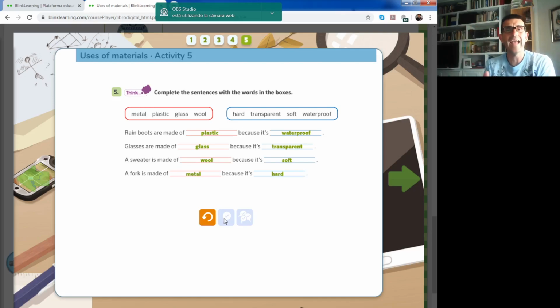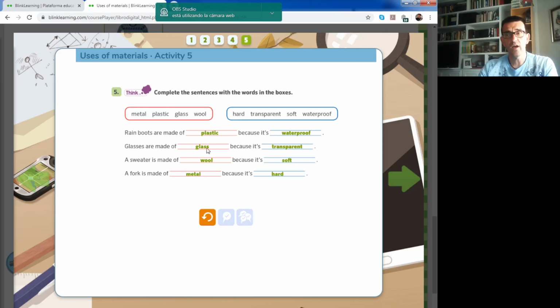And if we had a knife made of plastic, probably it would break in 2 or 3 days. Se rompería en 1 o 2 días. If we had a fork made of plastic, it would break in 1, 2, or 3 days maximum. For that reason, we use hard metals to make the forks and all the knives and spoons.